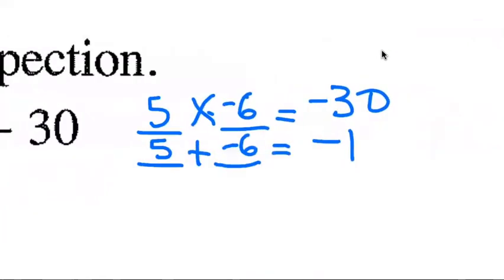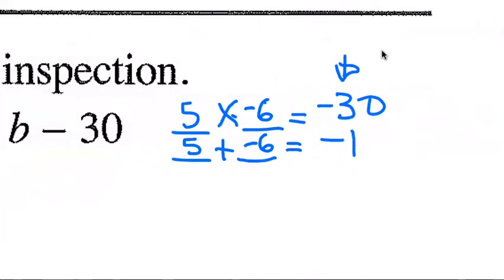So here's a little hint. If this is negative, then only one number is negative, 5 or 6. If it's positive, then they can either both be positive or they can both be negative, because a negative times a negative is a positive.